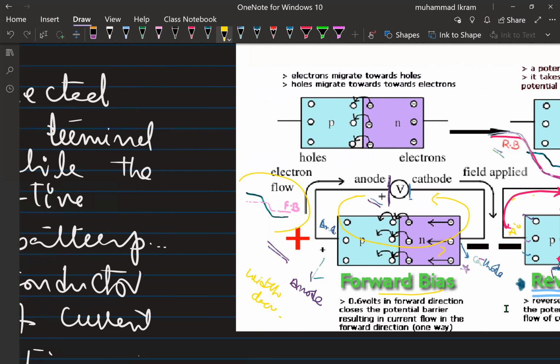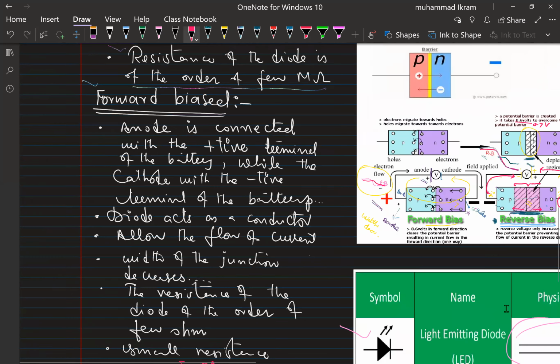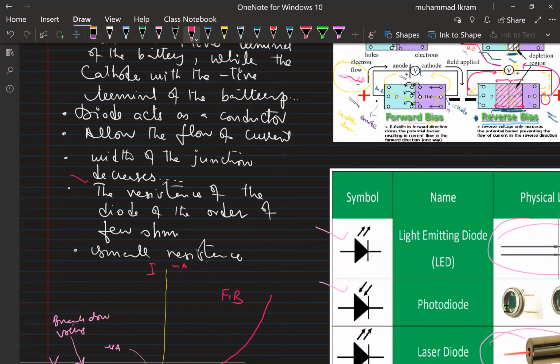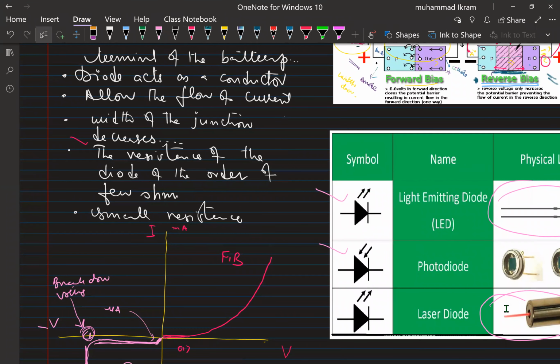And the resistance of the diode in this scenario is of the order of few ohm, very small resistance, which is just opposite to the previous case where the resistance was very high, right?